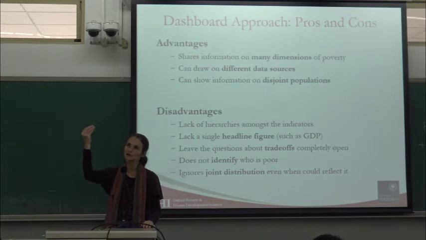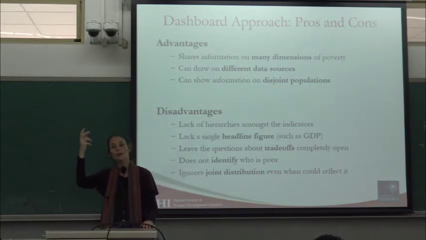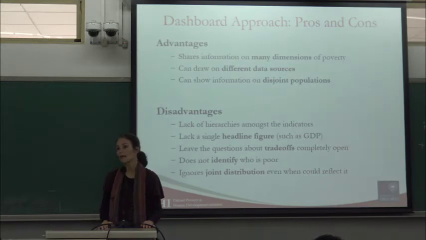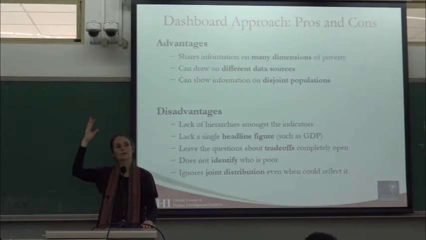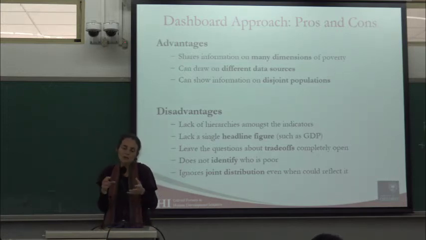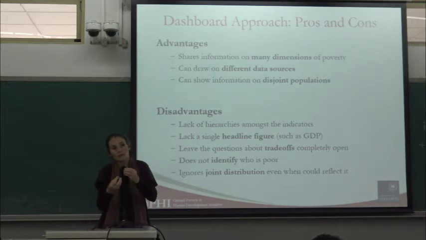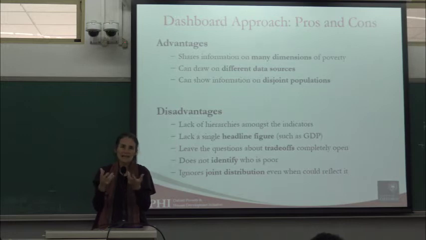And so there's a value in having a single headline that captures a number of important deprivations and says, overall, multidimensional poverty went up, went down, or stayed the same. Otherwise, in a dashboard, you'll always find some things went up, some went down, some were the same, some didn't have new data that year. And so it's hard to get a clear message.